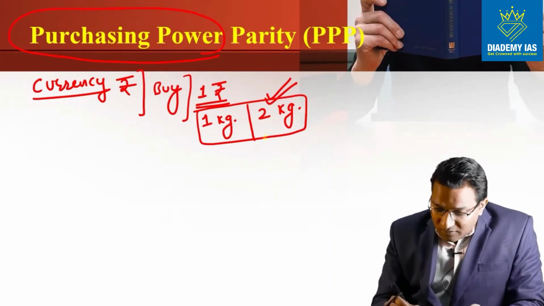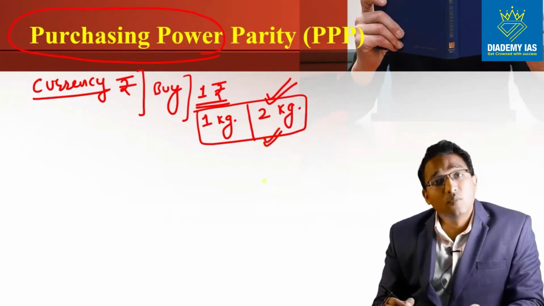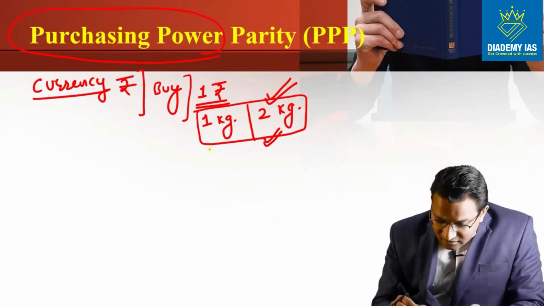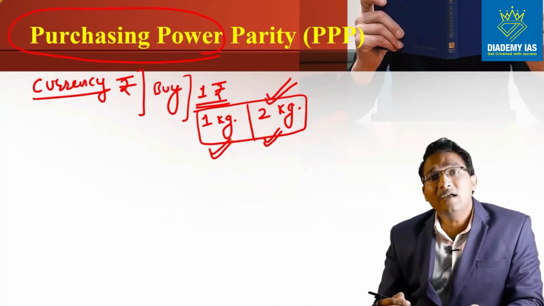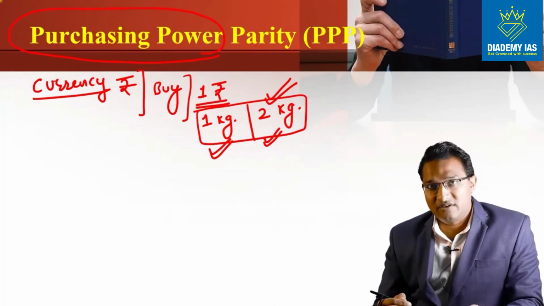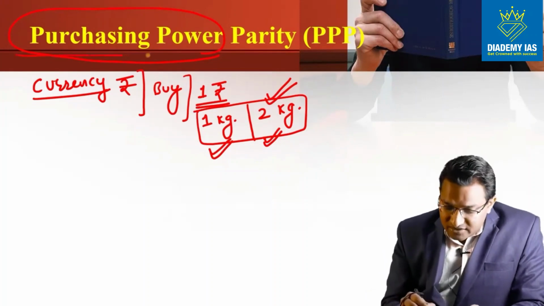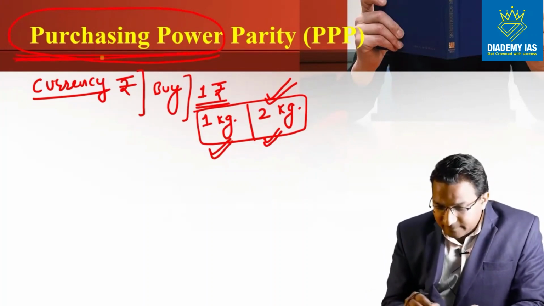So more the amount of goods a currency can buy, more is the purchasing power. Less the amount of goods a currency can buy, less is the purchasing power, right? So this is the purchasing power concept, right?